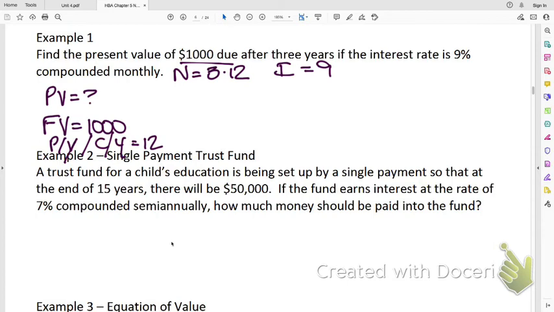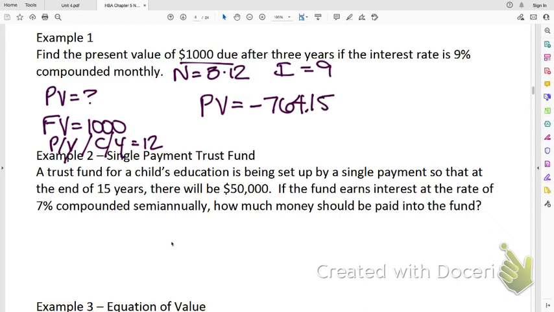What kind of number am I going to expect to get out of my present value? A negative, but I'm not going to write it down as a negative. Remember, you're given present value and investment as a positive number. You just, according to our program, type it in as a negative because you're putting that money in. So when I solve for my present value on this one, my calculator tells me PV equals negative 764.15.